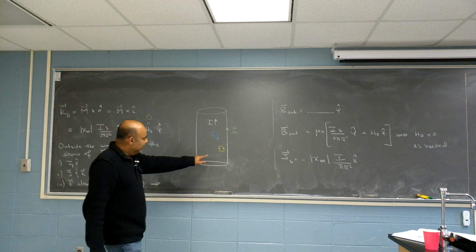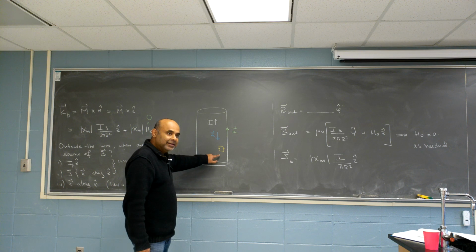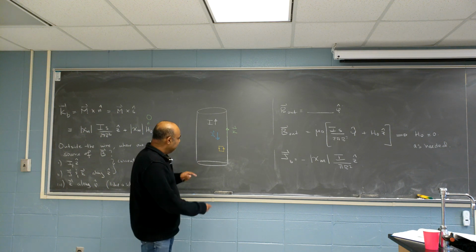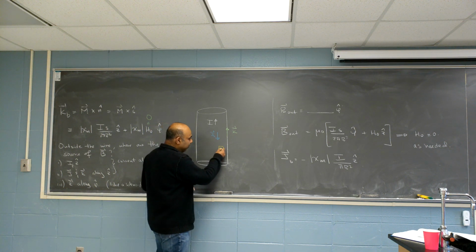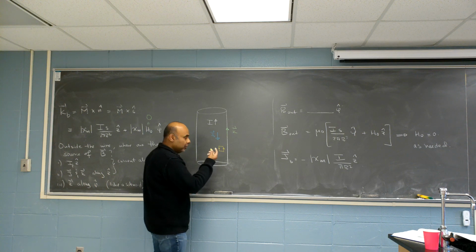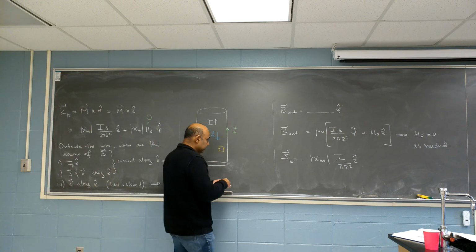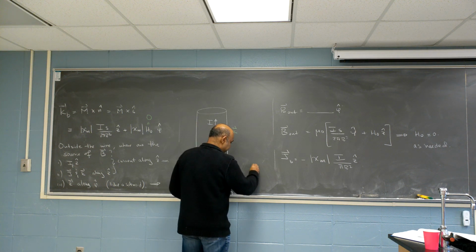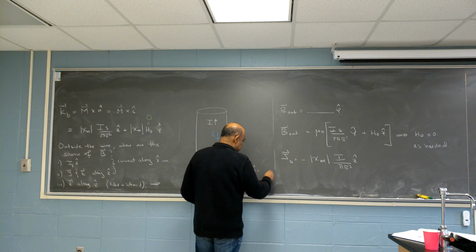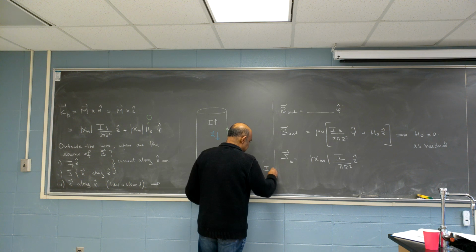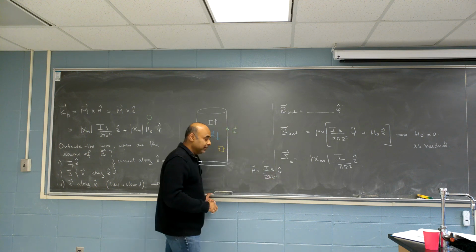This is the magnetization loop. This would mean that M is pointing that way. What was H? It was I in S over 2 pi r squared phi hat, correct?